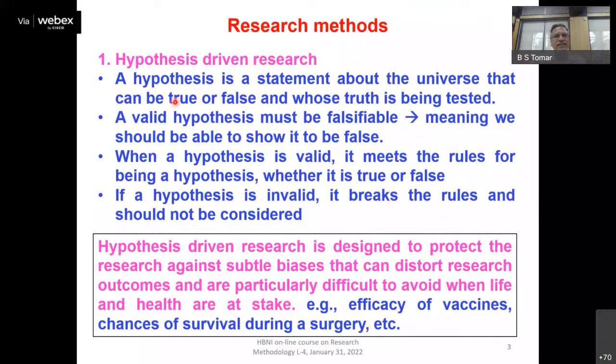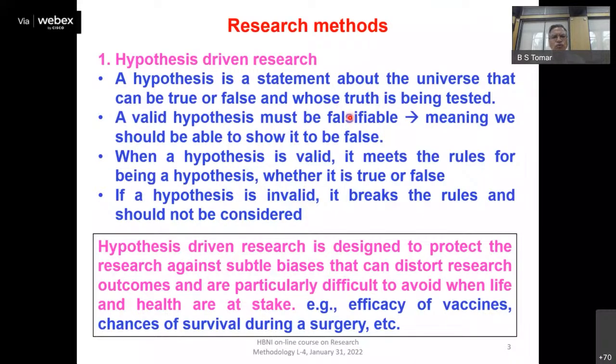In fact, it is said that a valid hypothesis must be falsifiable. Usually, you'll have at least two mutually exclusive options in a hypothesis. And so, if it is valid, then this is true. If it is not valid, then something else is true.